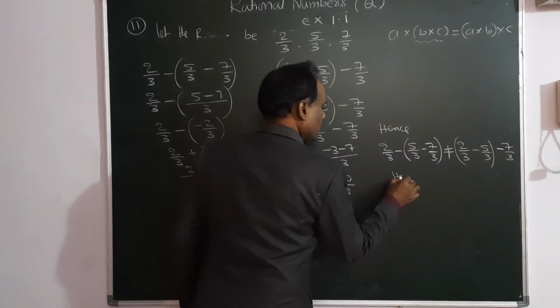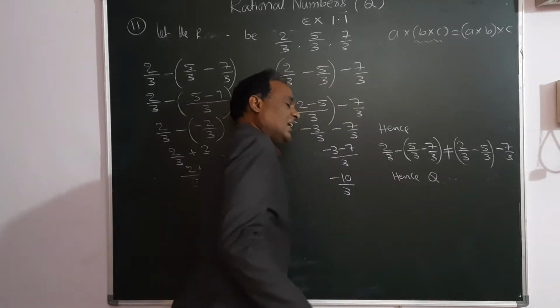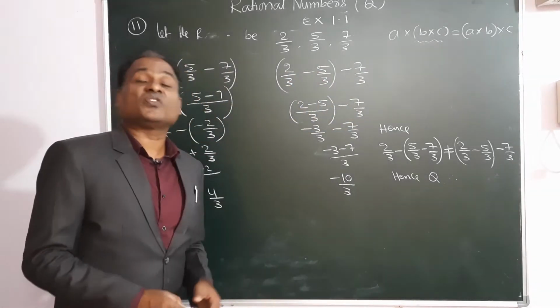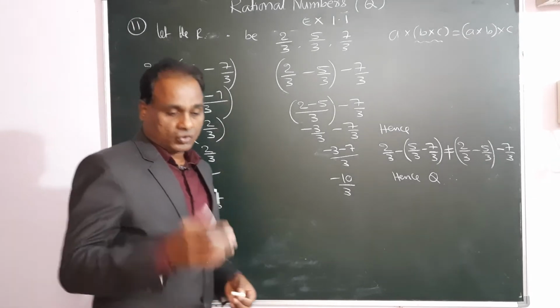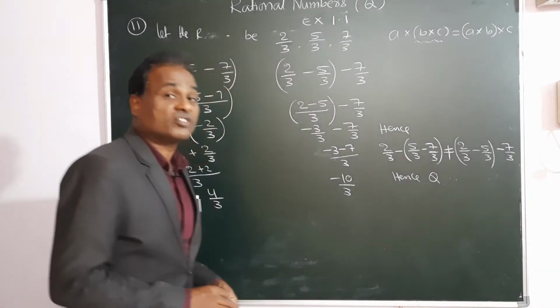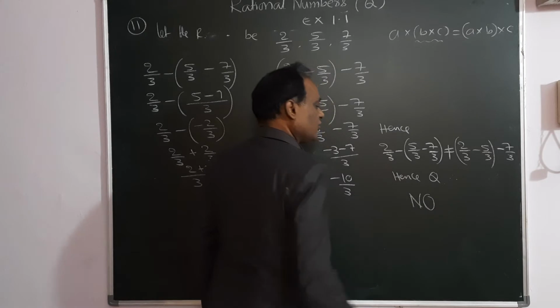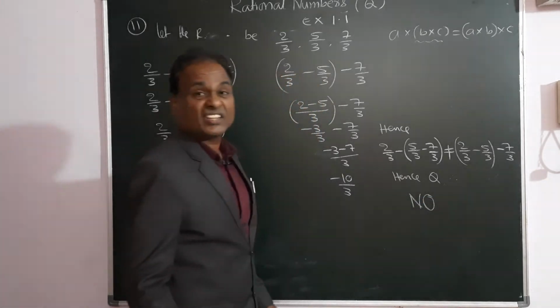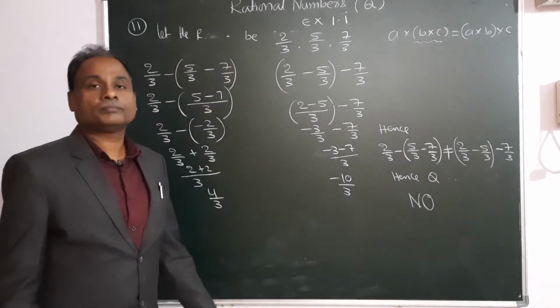Hence rational numbers do not satisfy associative property under subtraction. So see the question, is subtraction associative in rational numbers? No. Answer is no. Subtraction is not associative under rational numbers.